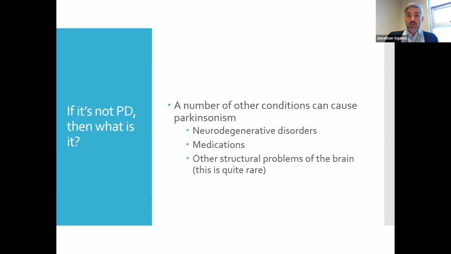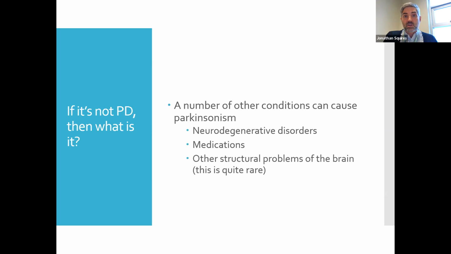So if it's not Parkinson's disease, then what is it? It could be a number of different things. Most commonly, if you have Parkinsonism but not Parkinson's disease, the second most common culprit is certain medications that can cause similar symptoms.